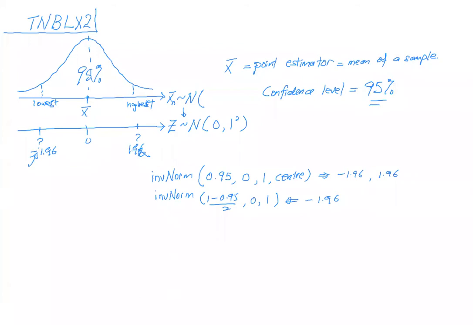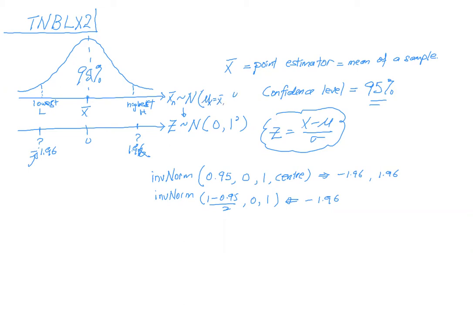Okay, so now, can I let the highest be H and the lowest be L? So what is the relationship between z-score and x̄? Still remember this formula? So we assume the sample mean is the center. So the mean of this population is the sample mean.